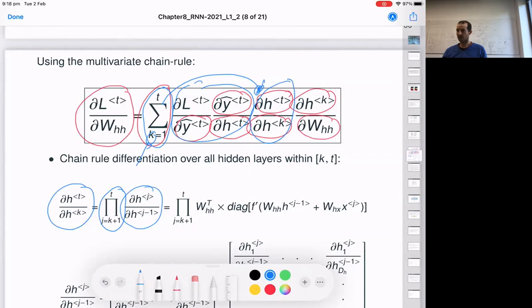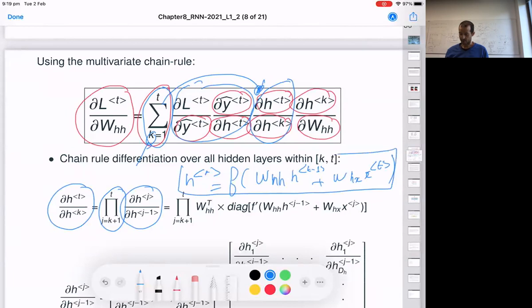So remember that our model to compute this derivative is that we know that h at time t is equal to a function of what we have, WHH multiplied by h at time t minus 1, plus WHX multiplied by x at time t. So this is our key relation in our recurrent neural network.